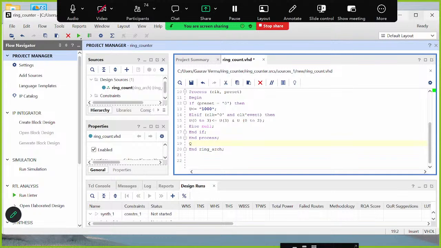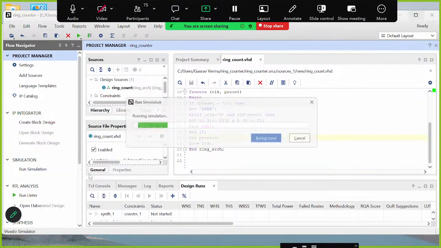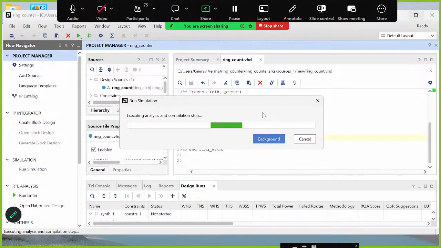Maybe Q3 gets the value of U of 3. Okay, let's see whether it would work or not for us. Again run simulation and check whether now Q3 is updating with the output or not.